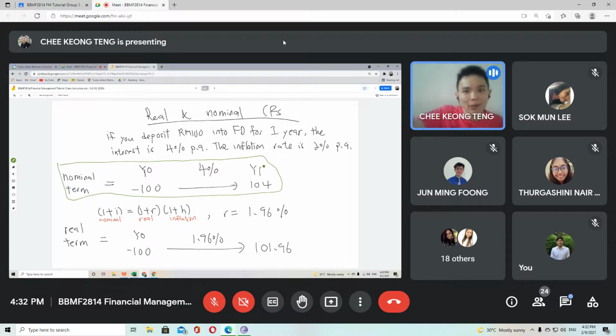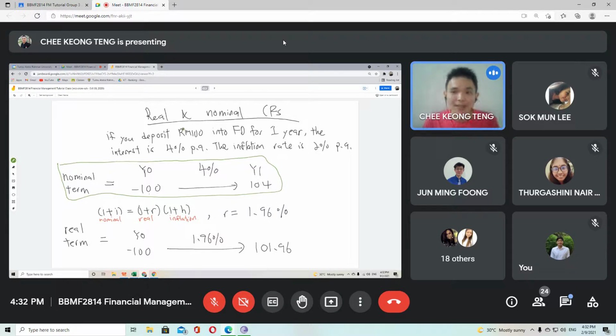You can withdraw from the bank 1 year later 100 plus maybe 4 pieces of 1 ringgit notes, so 104 ringgit. This is nominal cash flows. And the 4% that you are getting as return from the fixed deposit is the nominal rate. So this one is the nominal rate, this one is the nominal cash flow.